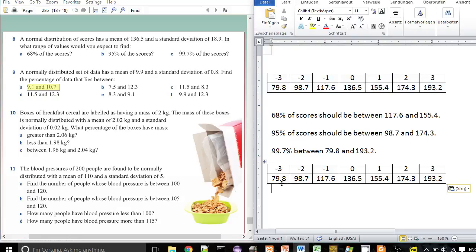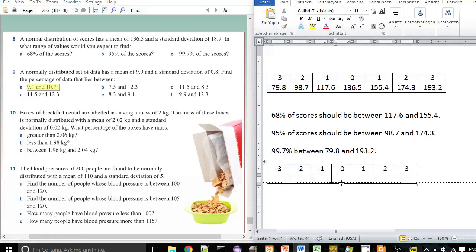Okay, so I'm just going to change these numbers. Cool. So in the middle we've got 9.9, and then we're going to go up by 0.8. So I'll get 10.7, 11.5, 12.3, I think. I don't always trust myself with this stuff.